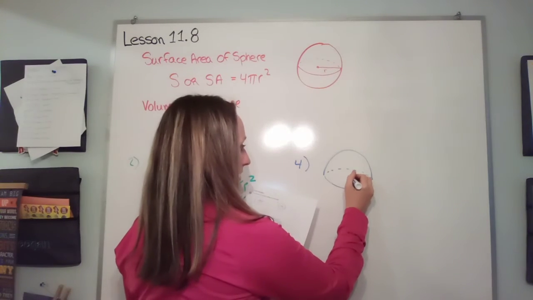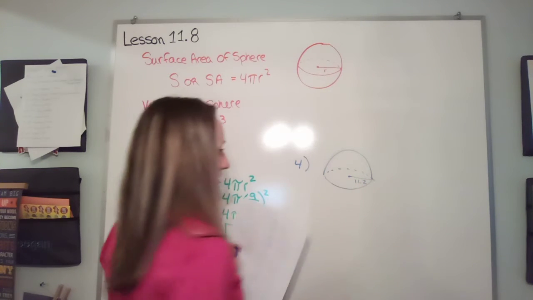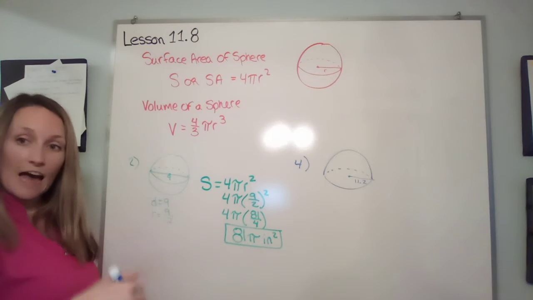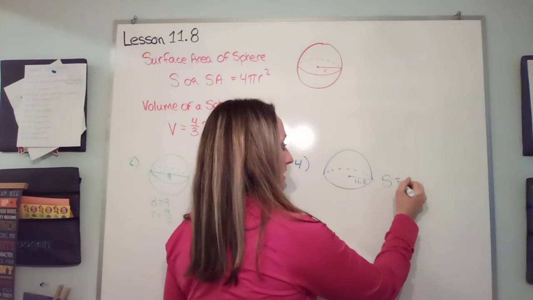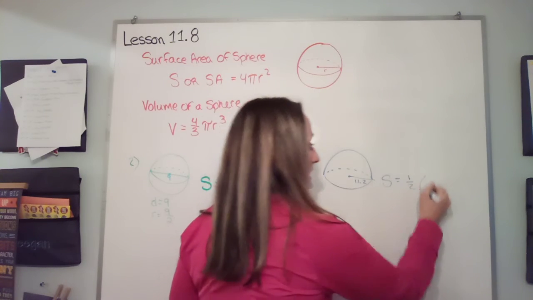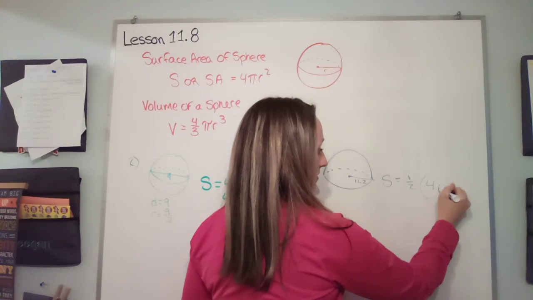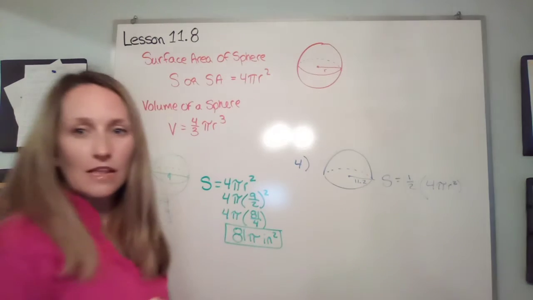And you're given a radius of 11.2. So you're going to take this formula, but then just take half of it because you only have half of the sphere. So the surface area is going to equal 1/2 of this formula, 4 pi r squared. The radius is given as 11.2.